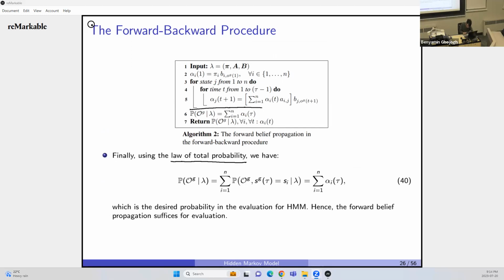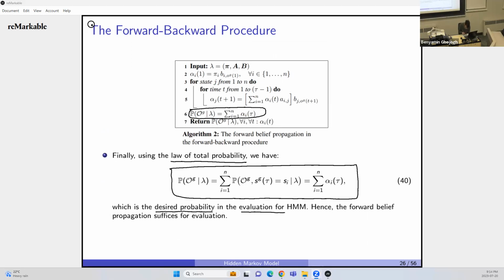Now I'm talking about this line 6. Finally, we have this. What is this? It's the desired probability in the evaluation of HMM. Do you remember? This is exactly evaluation in HMM. So why am I doing that? Because I'm summing over all of the states. Do you agree that I can write the probability of O given lambda as the probability of O and Si given lambda, but summed over all of the i's, all of the possible states?